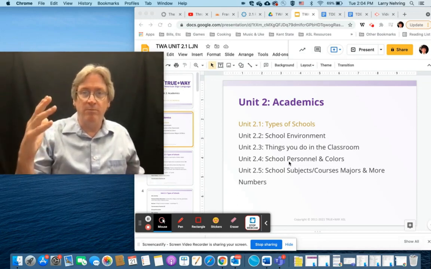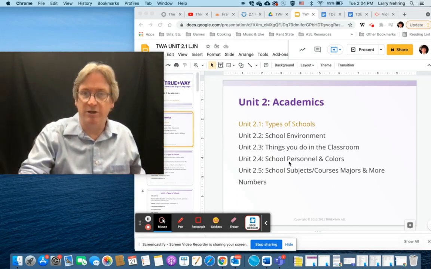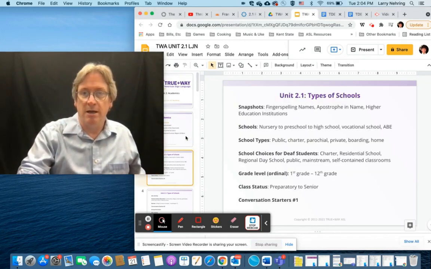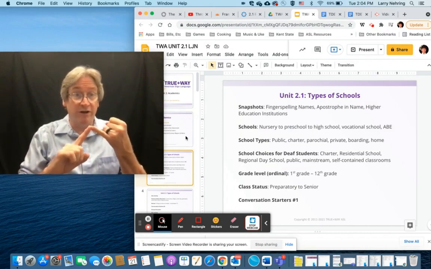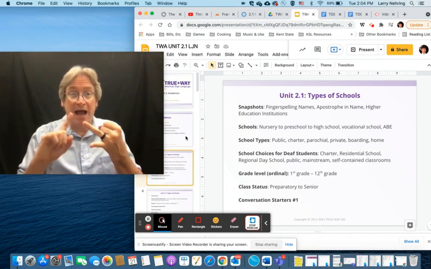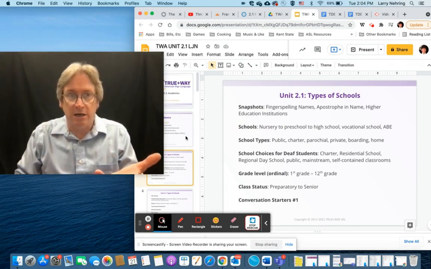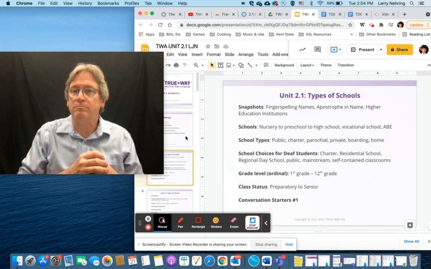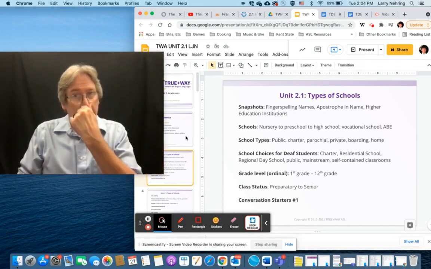And then the further units, you can see what else we'll be going into. So the snapshots are, there's a video about fingerspelling names, how to do an apostrophe, because there are two different ways we can do it, and they can be a little bit confusing. And then what are higher education institutions?